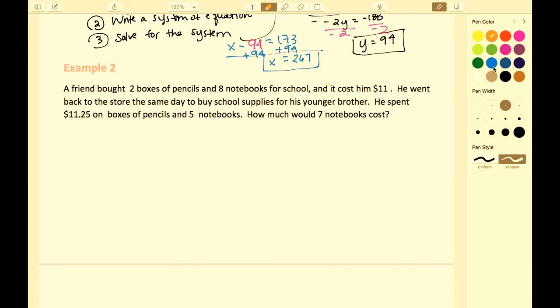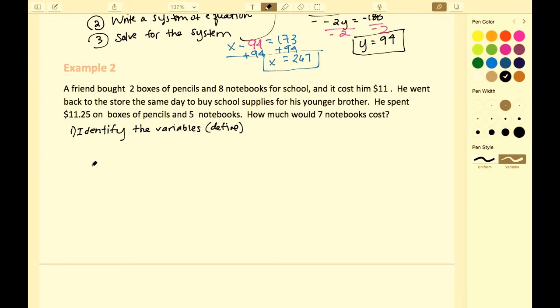So the first thing that we're going to do, like we've done in the first problem, is identify the variables, and we want to define them.